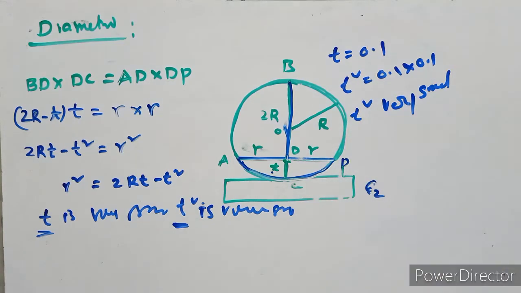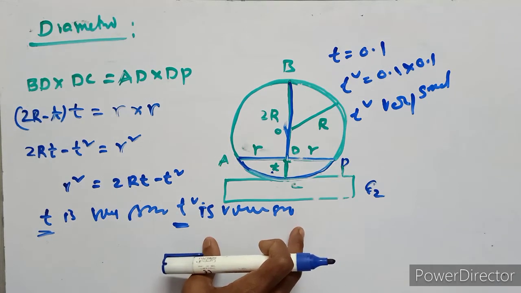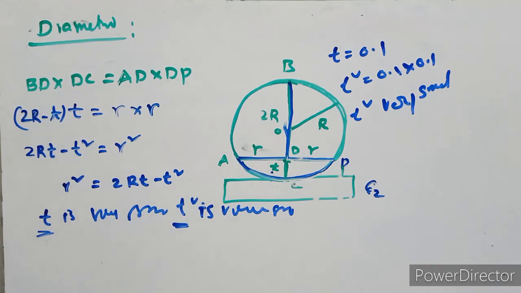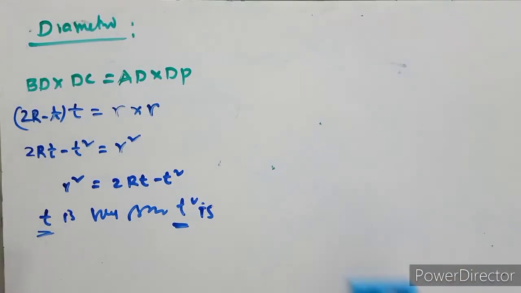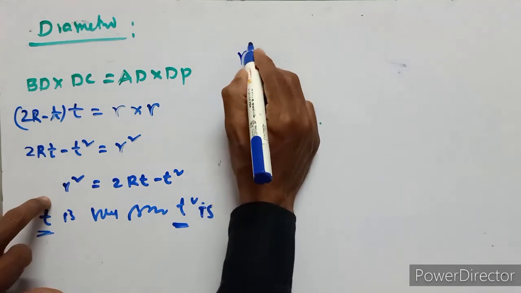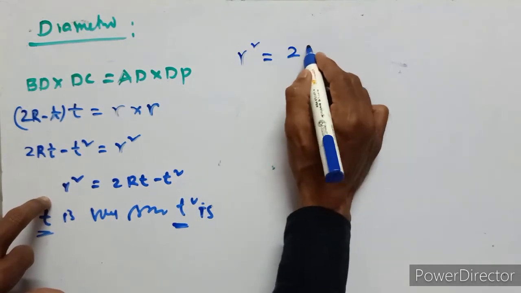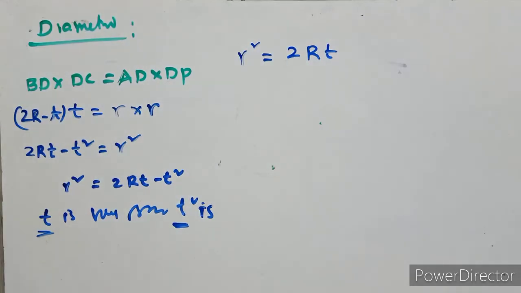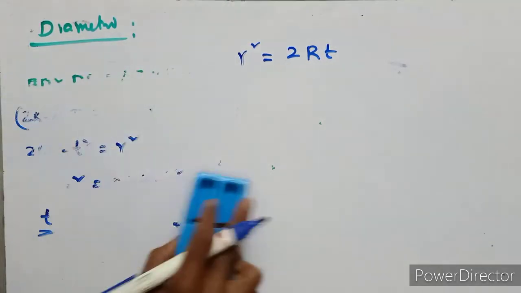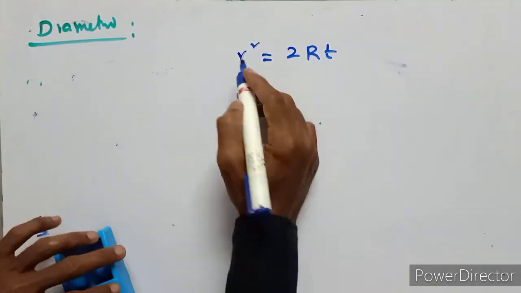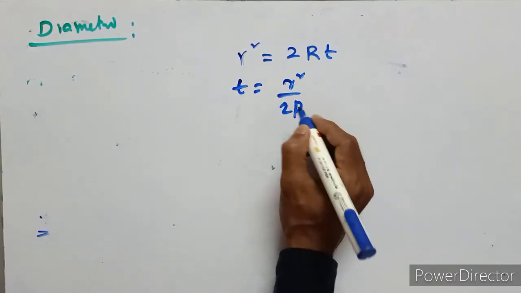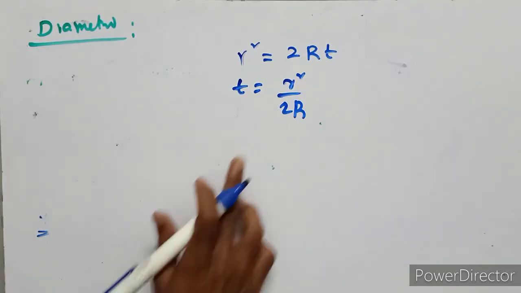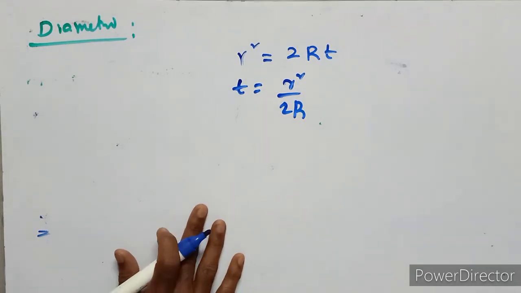So T square is neglected. Then this equation can be written as r square is equal to 2RT. From this equation, T is equal to r square upon 2R.